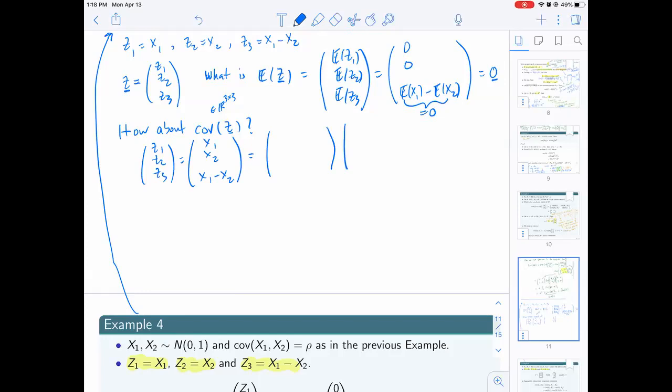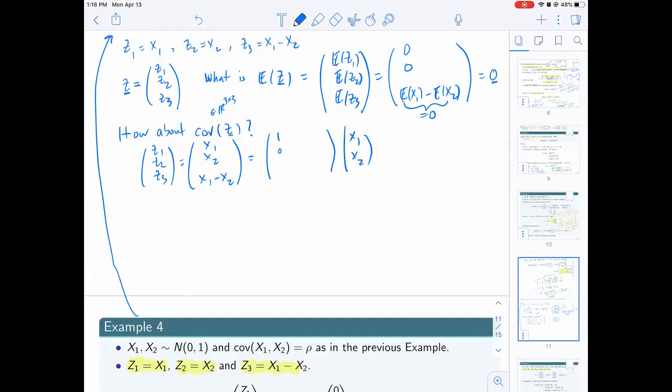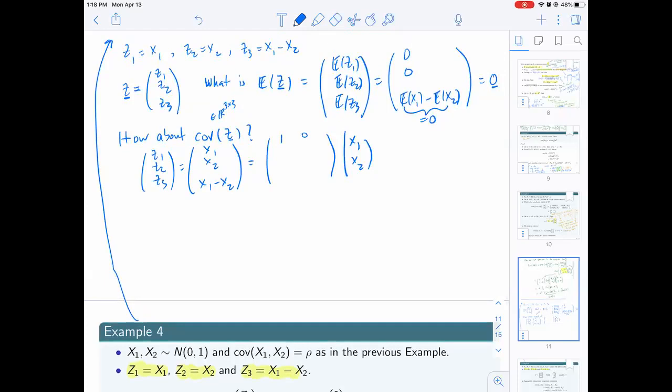The coefficient matrix: the first row is 1, 0, the second row is 0, 1, and the third row is 1, negative 1. So in this way, you can use the lemma 3.